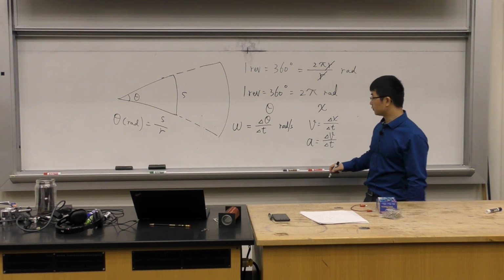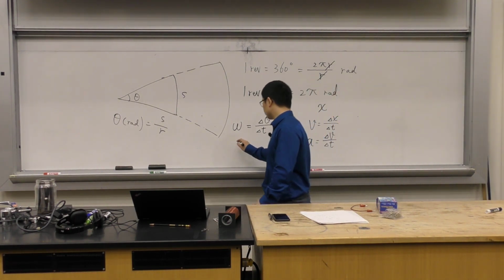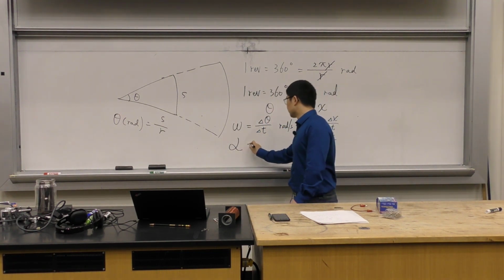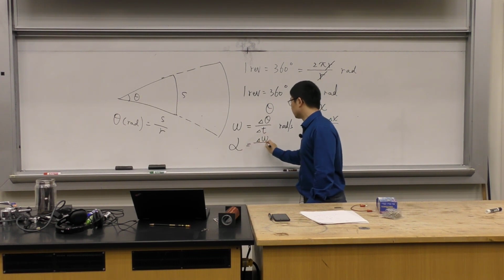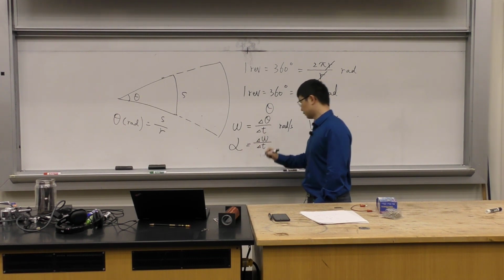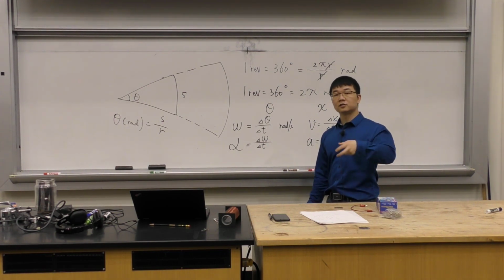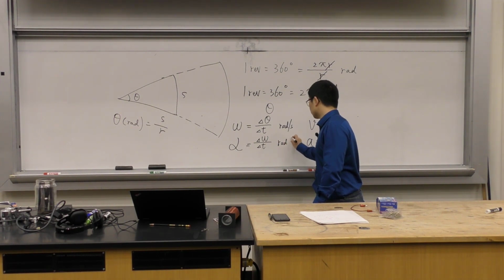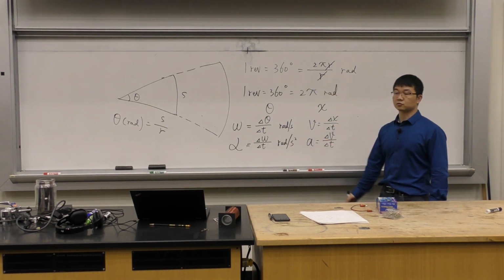We can also define angular acceleration for rotations, using the Greek letter alpha. I'm just going to use changing angular speed divided by changing time. That tells you how fast the angular speed is changing, and the angular acceleration is in radians per second squared.